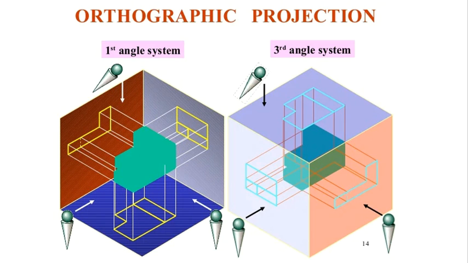Here you can see the lines which you are seeing on the planes, whether on the front view, top view or side view. The projector rays are exactly perpendicular to the plane of a solid or a component of a machine element.